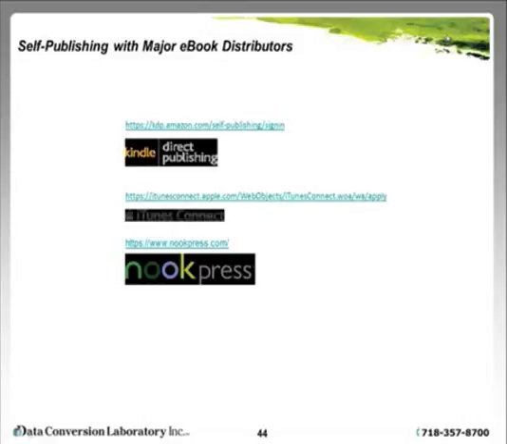And Barnes & Noble had a self-publishing platform called PubIt that was recently transitioned to Nook Press. And again, same story there. You just enter some basic metadata information about your book. You upload the valid EPUB file, and within a few days it will be up and ready for sale on Barnes & Noble.